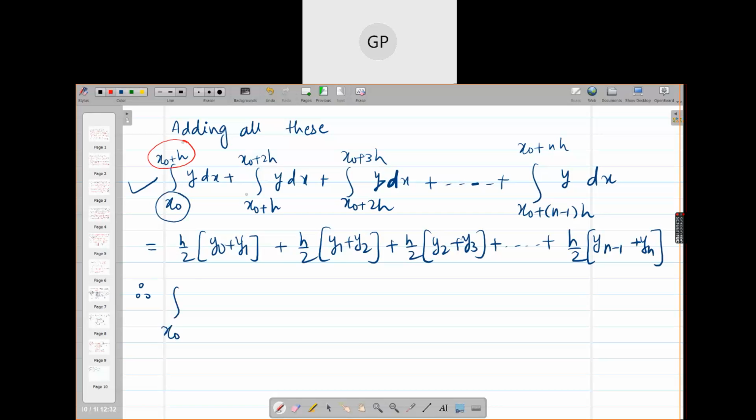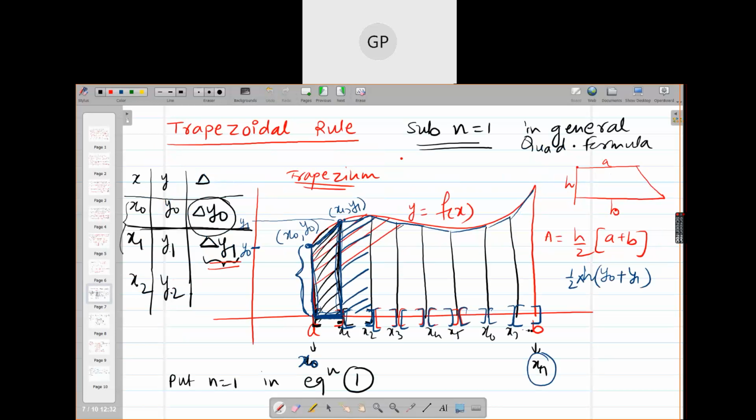Here the upper limit is the lower limit of the next one. It is from x naught to x naught plus nh. Correct? Are you getting it? So this will become the entire integration, right from x naught to x naught plus nh.